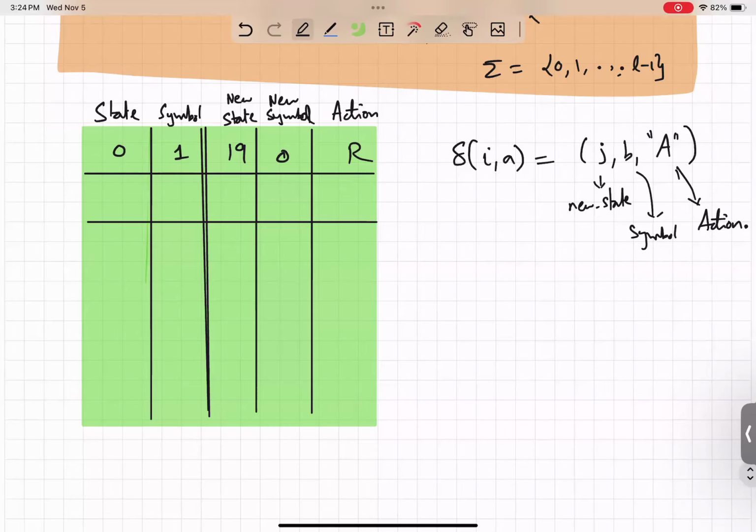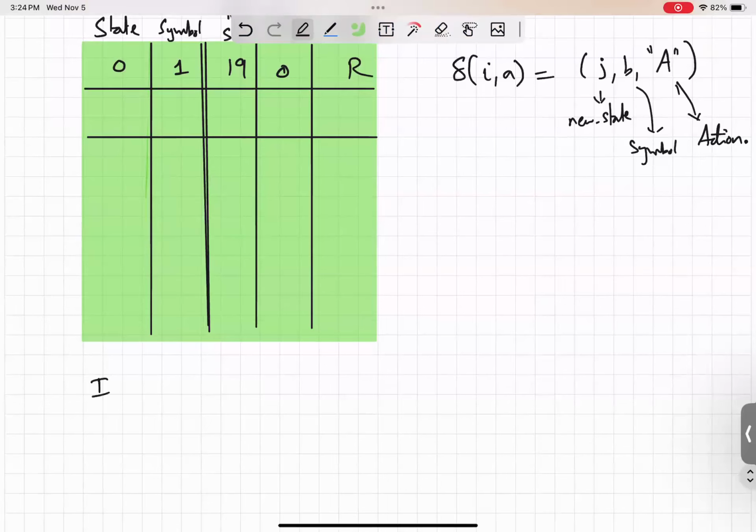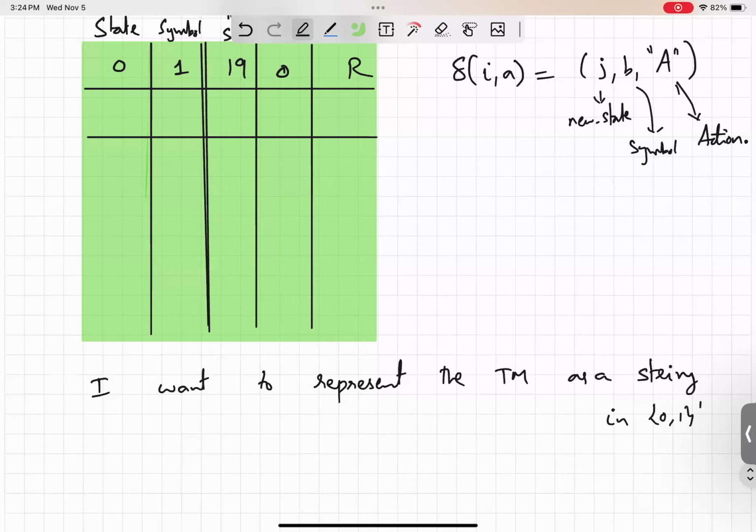Right? So I want to represent the Turing machine as a string in {0, 1}*.